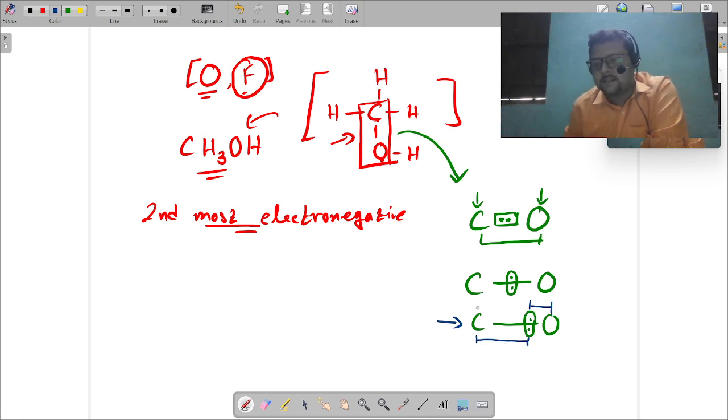So a partial positive charge will develop on carbon. As the electron is a little farther away from the nucleus of the carbon, the carbon atom will feel a partial positive charge, which we represent by this sign. This sign is known as delta.